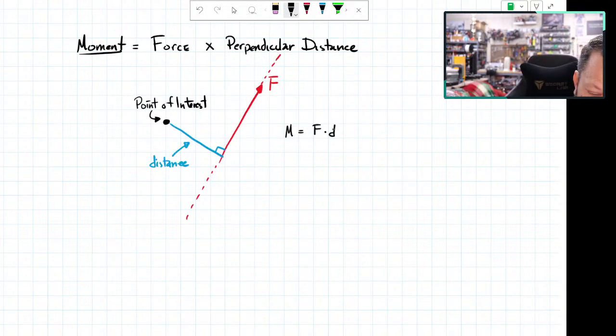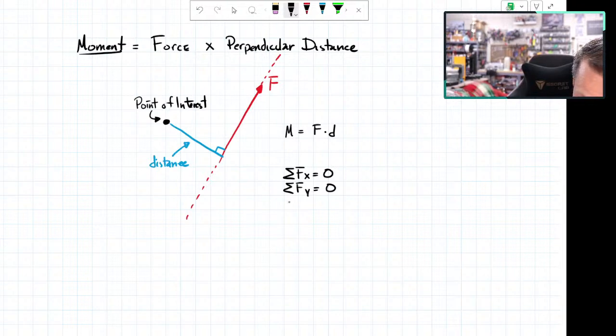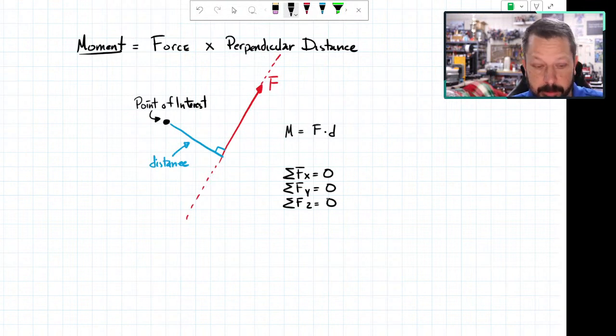So now our equilibrium equations become summation of forces in x equals 0. That's still true. If that's not true, then our body of interest is moving in the x direction. And we have one of those for each of our 3 directions. But what these 3 equilibrium equations do is keep the body of interest from translating.